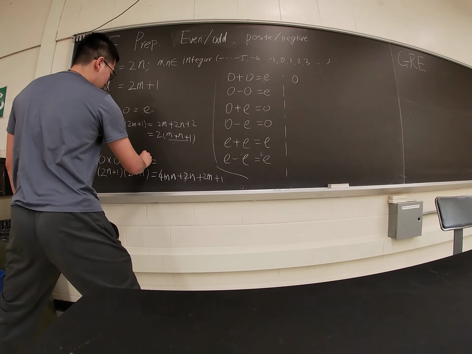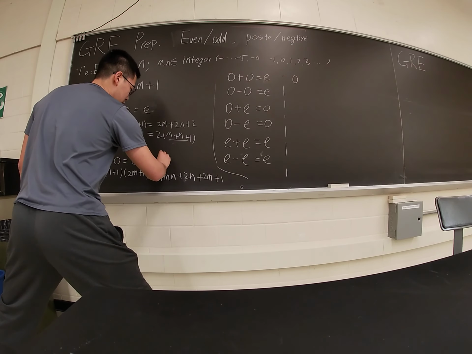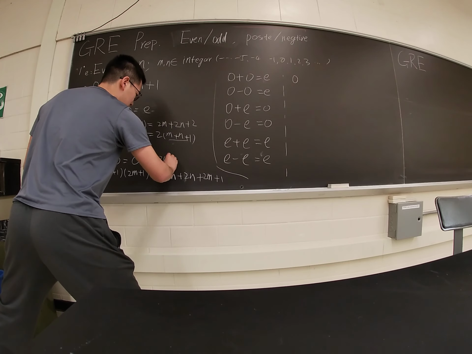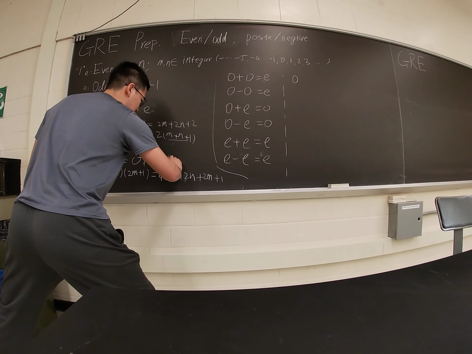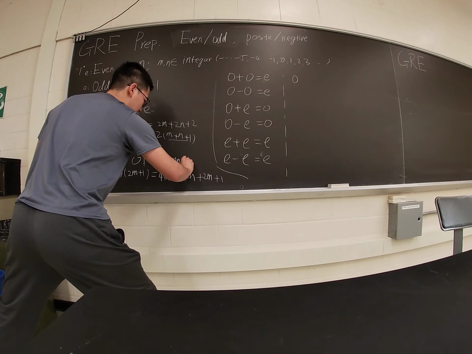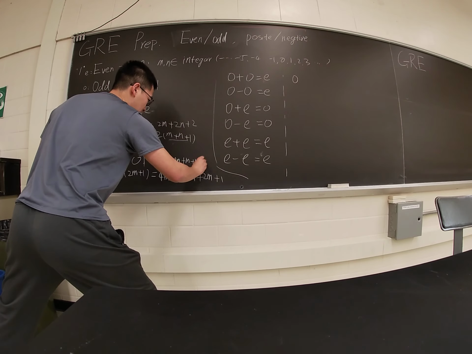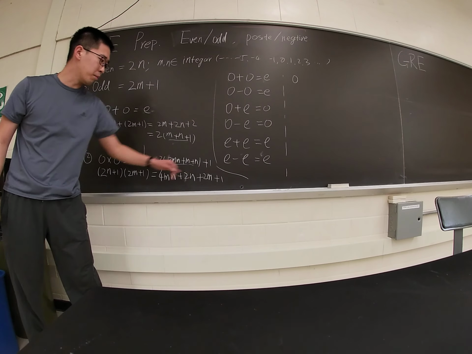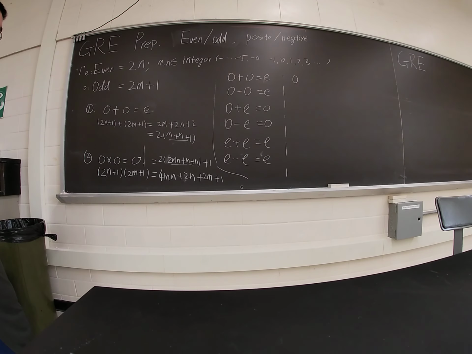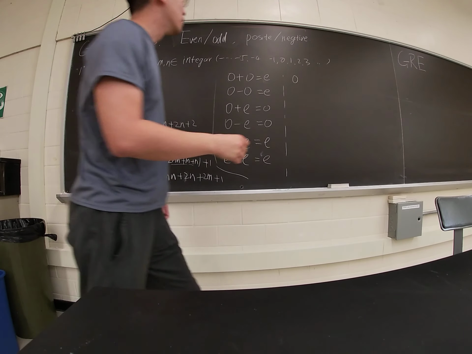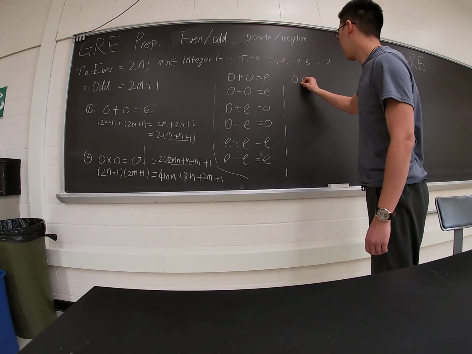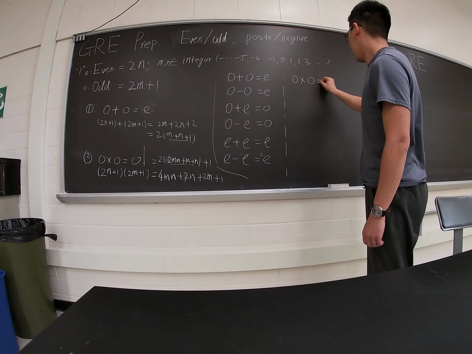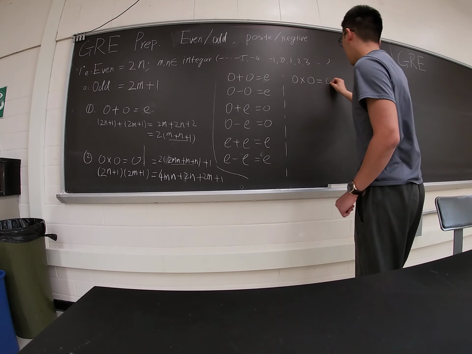This can be expressed as 2 multiplied by (2mn plus m plus n) plus 1. This thing is an integer, so it matches the criterion to be an odd number. So that's true.